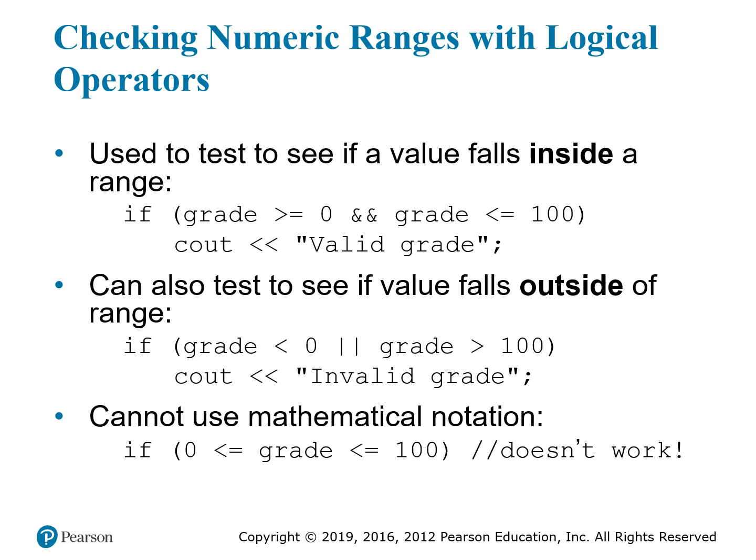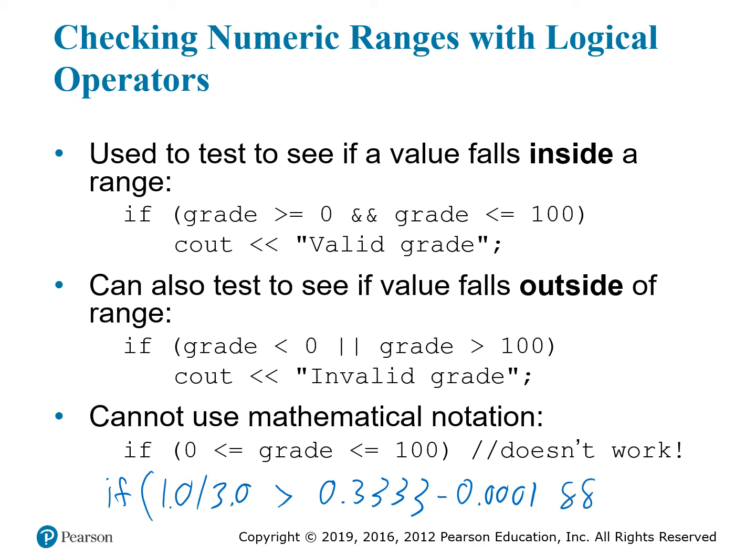But we can also use this if we're trying to check that 1.0 over 3.0, instead of saying equals 0.3333, what we might say is if that's greater than 0.3333 minus 0.0001, and 1.0 over 3.0 is less than 0.3333 plus 0.0001.